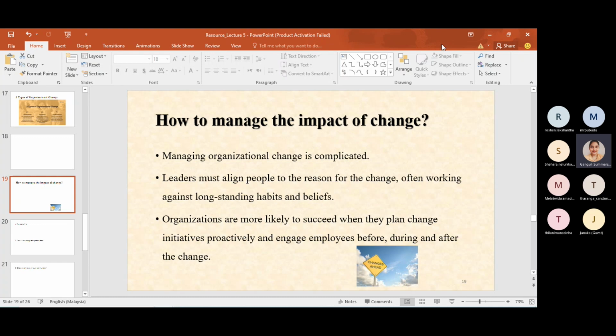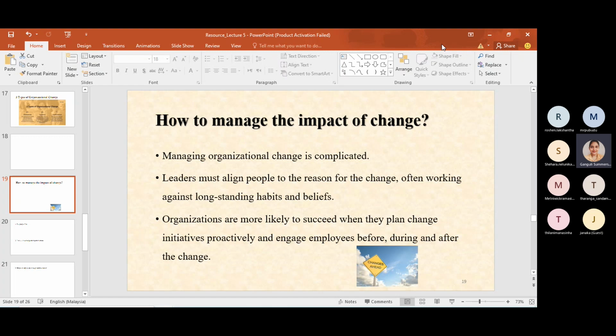Managing organizational changes can be complicated. It is not an easy task. It is a complicated task. So leaders should make sure to manage the impact of changes successfully.